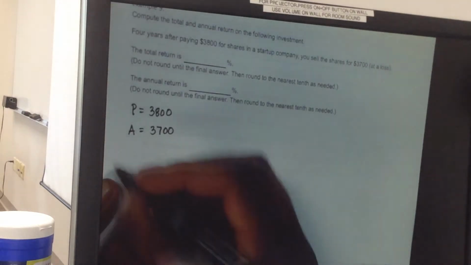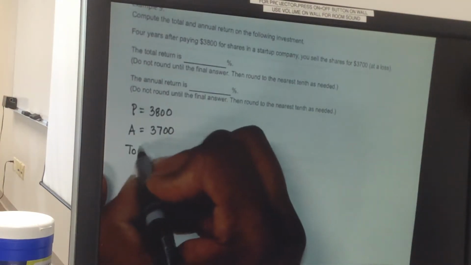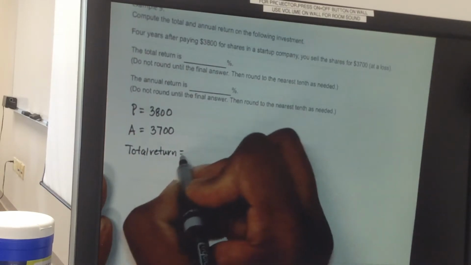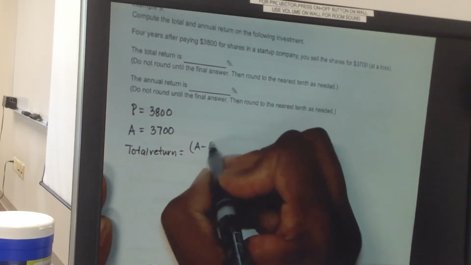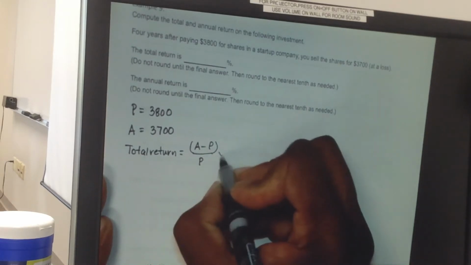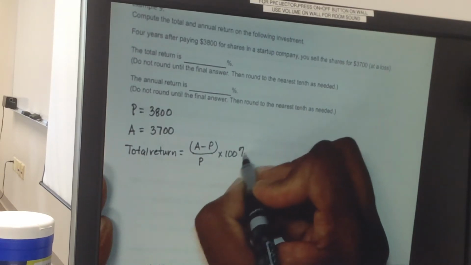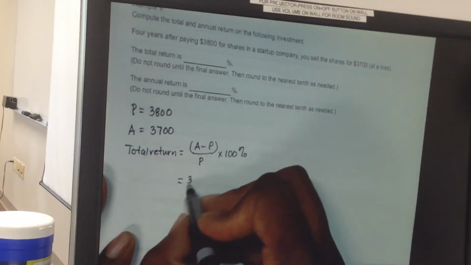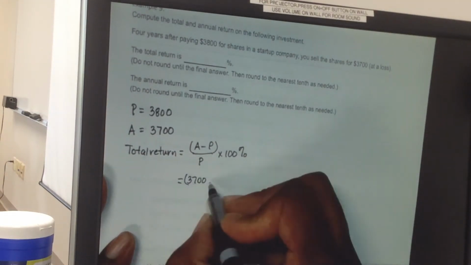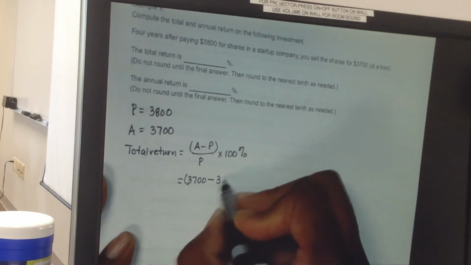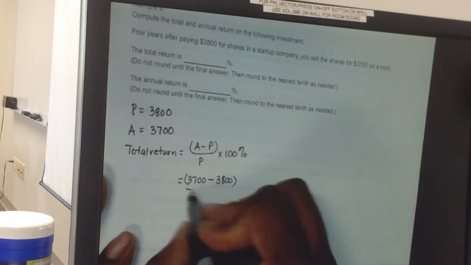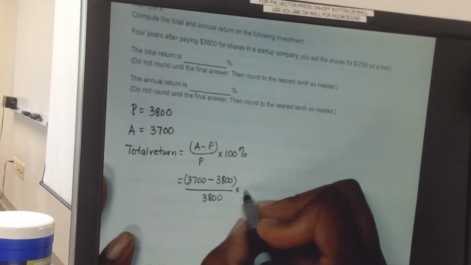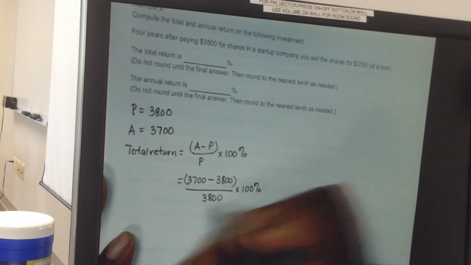Now we want the total return. That's going to be A minus P divided by P times 100%. So here A is 3,700 minus P is 3,800, divided by P 3,800 times 100%.